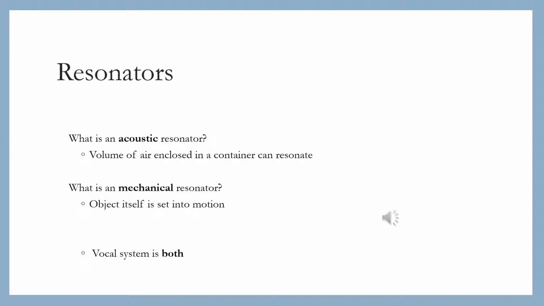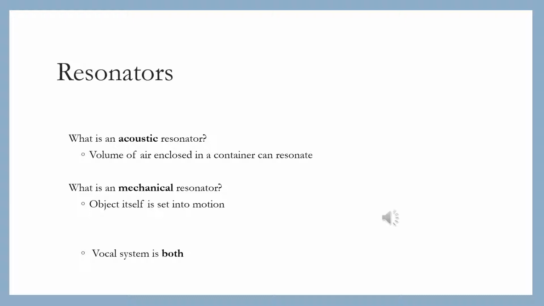Now that we have an understanding of what resonance is, we want to talk about what an actual resonator is. Resonance and resonators go hand in hand, but there is a little difference between the two. There are two different types of resonators that deal with resonance: an acoustic resonator and a mechanical resonator.